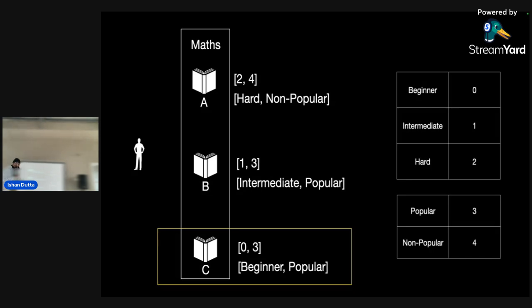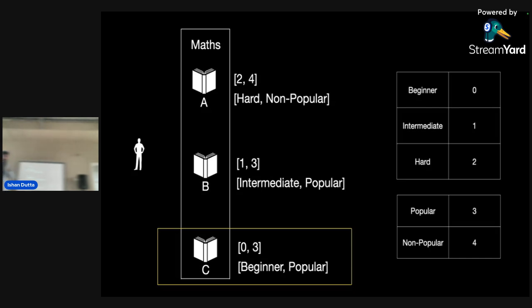So this code 0 and 3 can exist not only for 1 book but for multiple books. Let's say you have 1 million books in your library, and for 100,000 of them, this is true. Only for those 100,000 books, you can run whatever metric Rahul finds out, and find that one particular book which is the closest. So you see, we had a search space which was of multiple millions.